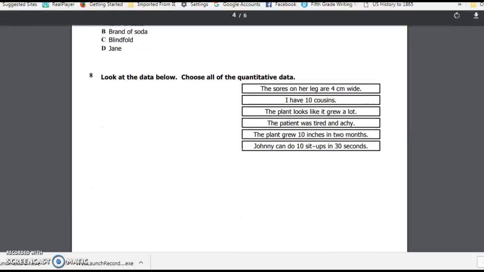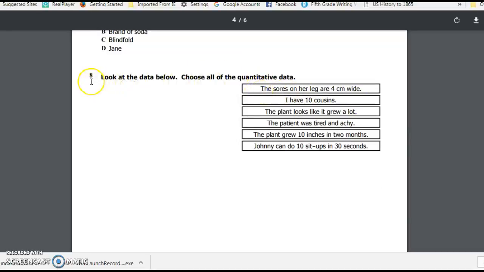Number 8. This is again a choose all, so you're going to have to put number 8 and draw 1, 2, 3, 4, 5, 6 rectangles on your loose leaf. Look at the data below. Choose all of the quantitative data. The sores on her leg are 4 centimeters wide.